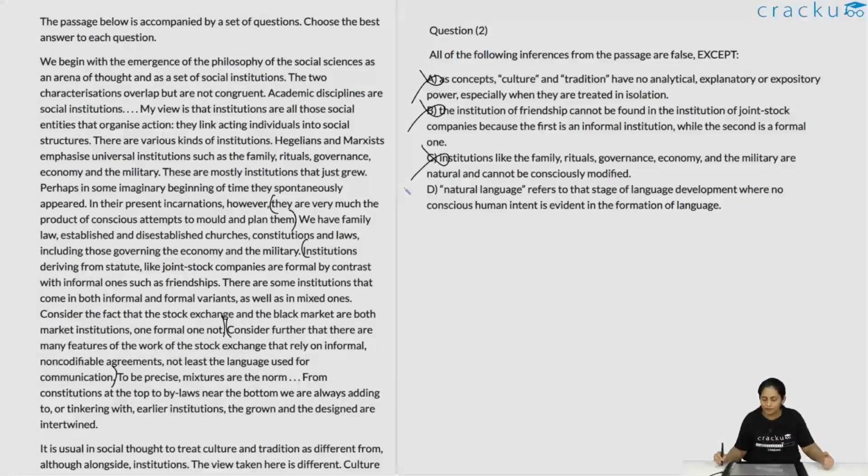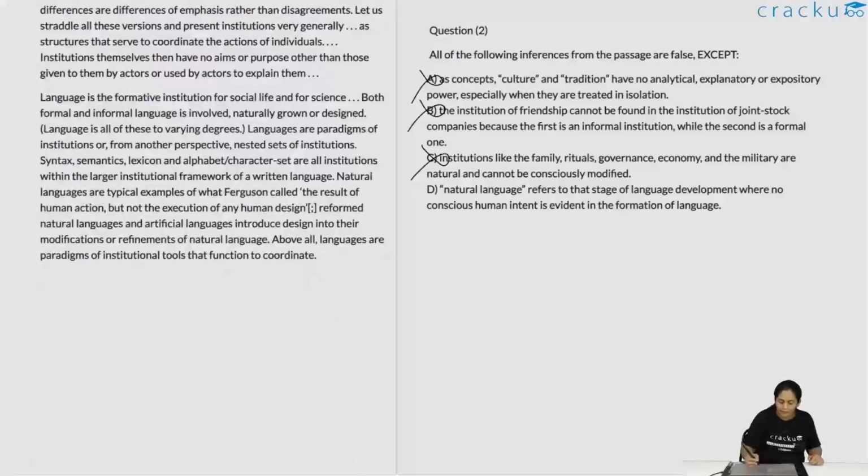Natural language refers to the stage of language development where no conscious human intent is evident in the formation of language. This is from the last paragraph where he says, natural languages are typical examples of what Ferguson called the result of human action but not the execution of any human design. So human design is not there, which means that there is no intent, there is no direction.